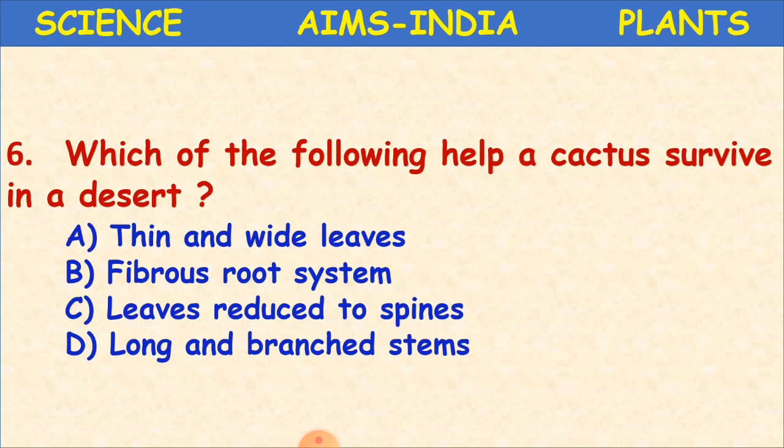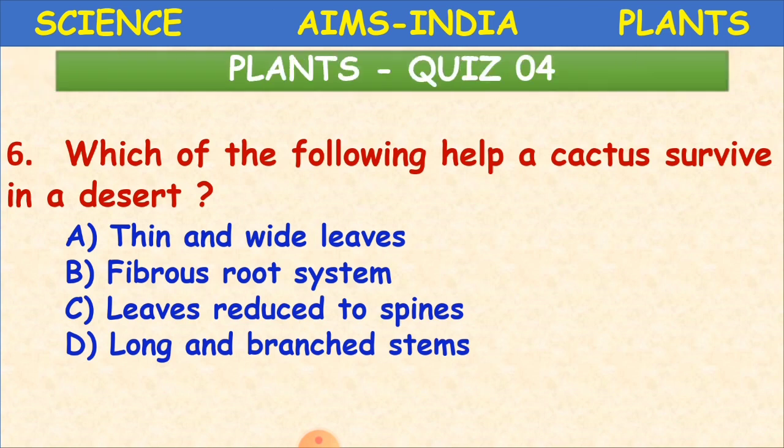Which of the following help a cactus survive in a desert? A option is thin and wide leaves. B, fibrous root system. C, leaves reduced to spines. D, long and branched stems.